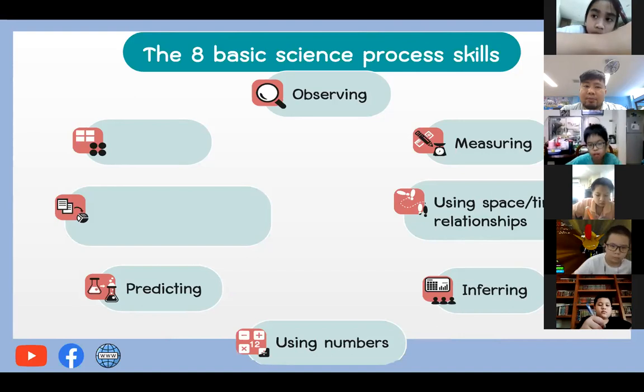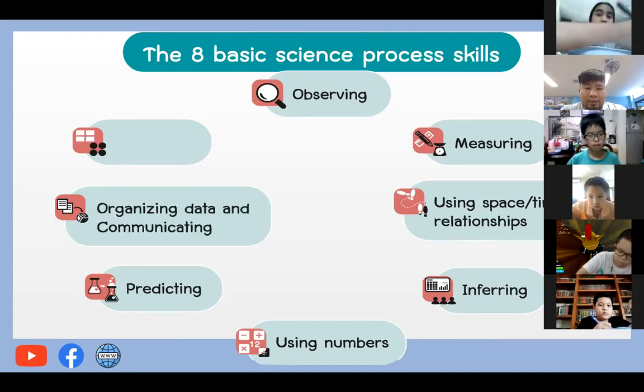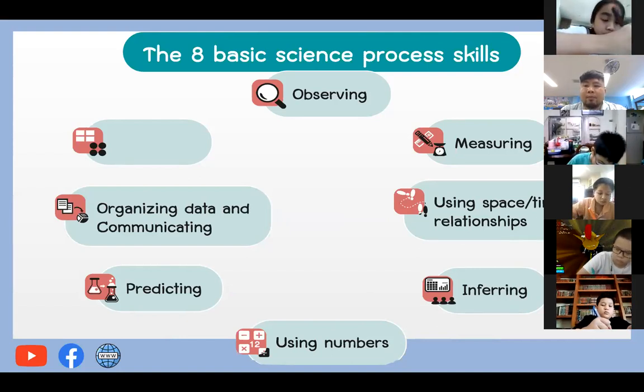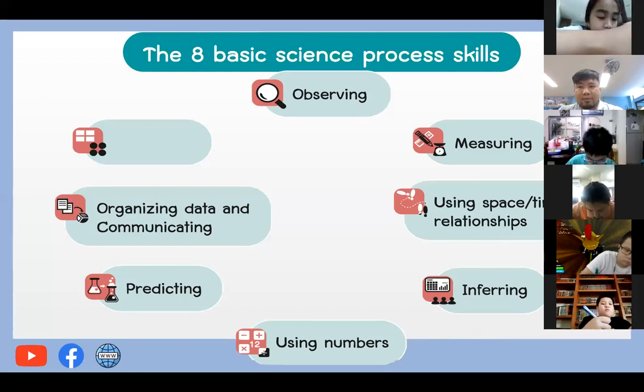Next one. We have organizing data and communicating. And last one, what is the last one?